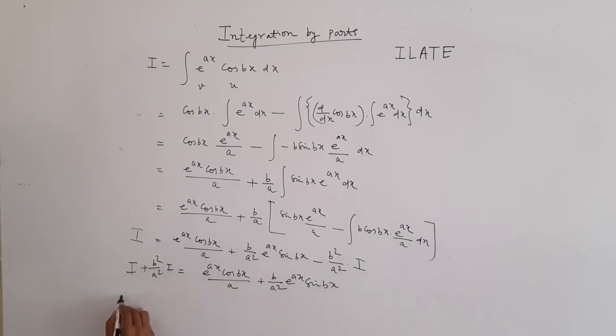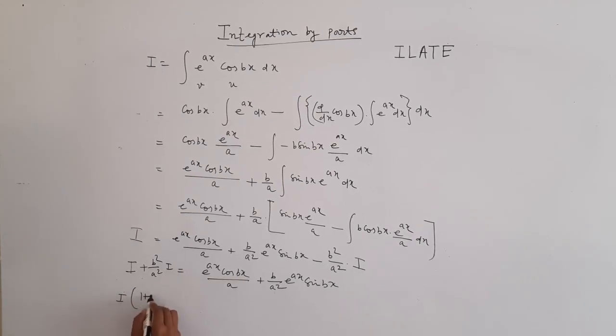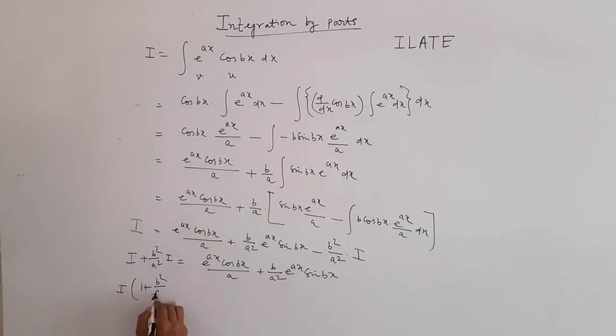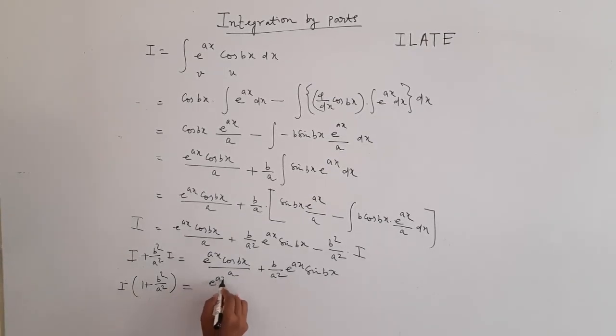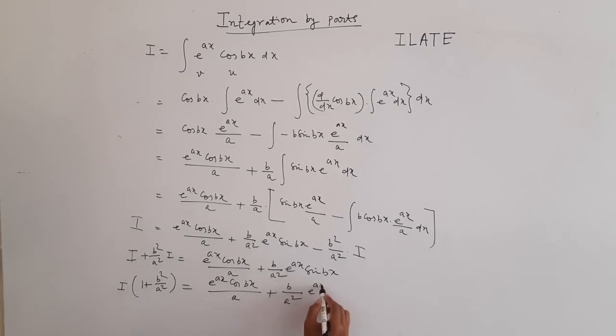So if I take I common, then here we will get 1 plus b square upon a square, times I, equals e to the power ax cos bx upon a plus b upon a square e to the power ax sine bx.